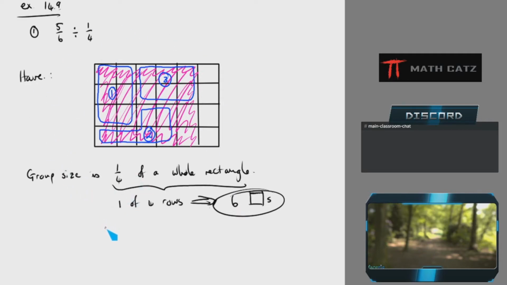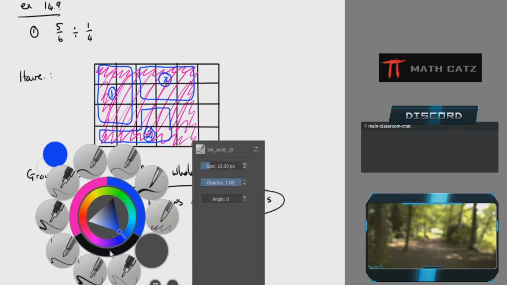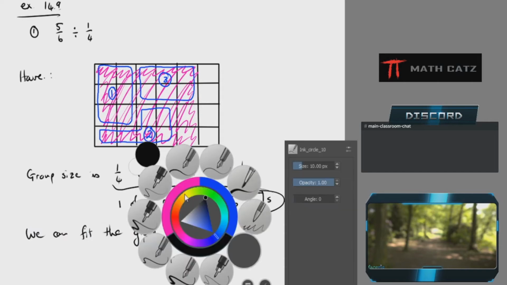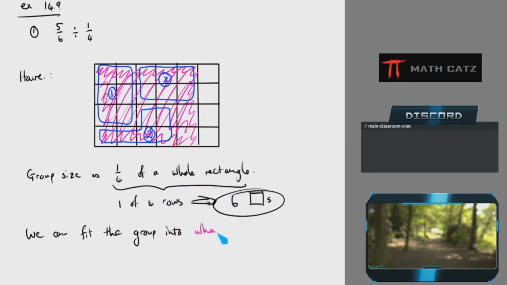And if I can do something visually instead of a cold 100 divided by 5 calculation, it's going to be better. It's going to come across much more intuitive and natural feeling. So now let's write some sentences here. We can fit the group, I'll write that in pink to emphasize it, into what we have.